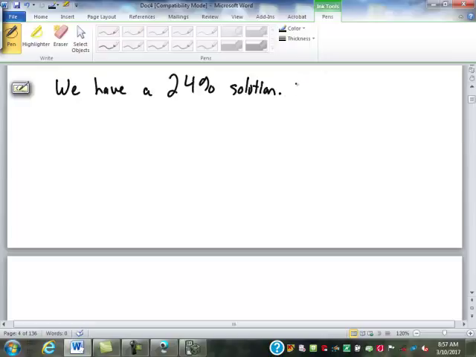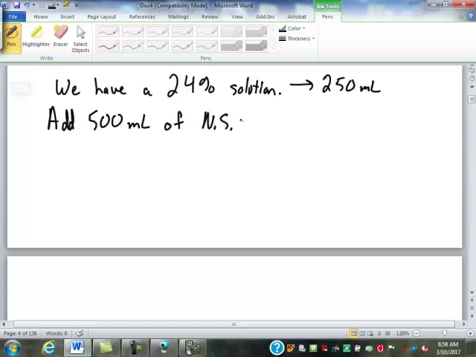And let's say we have 250 milliliters of that solution. We are going to add 500 milliliters of saline. Find the new concentration.